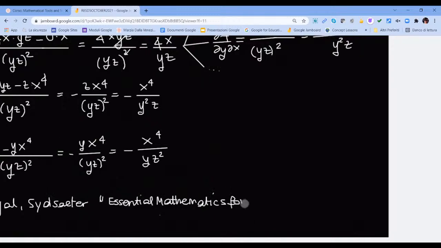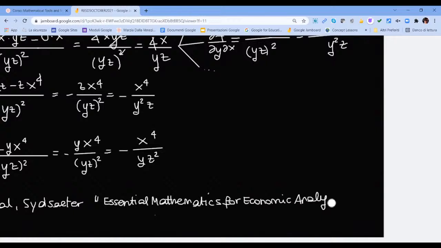The name of the book. Yes, this is what I was thinking. This is the book.